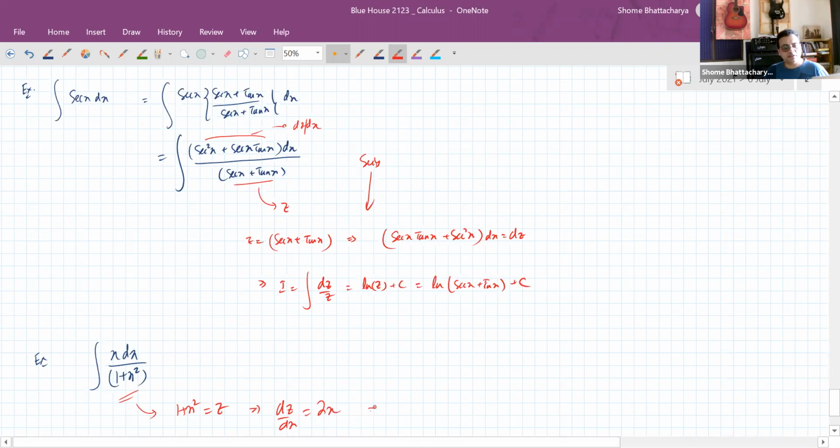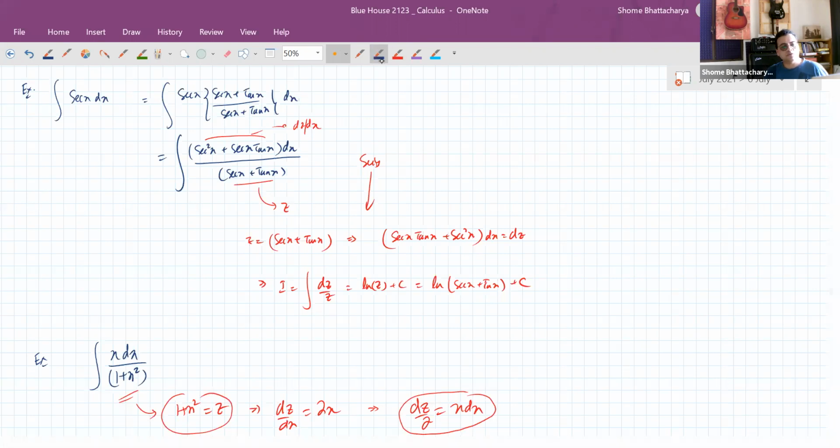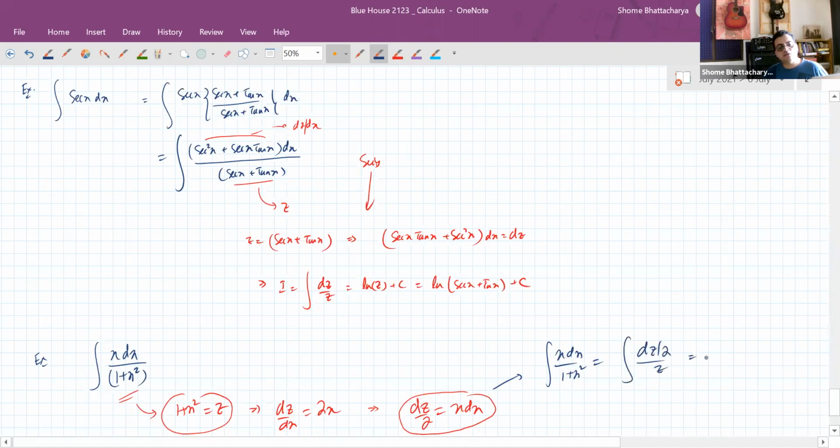We'll understand that dz by 2 is x dx, so there will be an extra half term. So doing that, our integration x dx upon 1 plus x square will become dz by 2 divided by z, or 1 by 2 dz by z plus c.